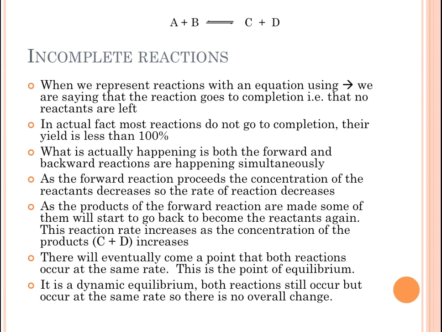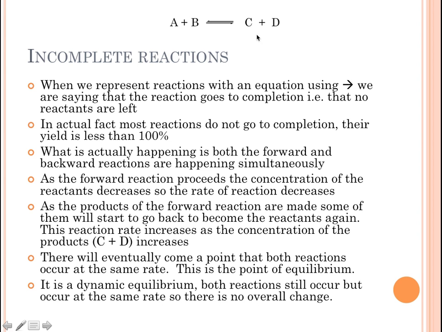Okay? If we start off with just A and B, then they've got a really high concentration. Concentration of this is 0. So the rate of reaction of A plus B going forwards to make C plus D is quite high. As that reaction carries on, those concentrations fall, and as we know, if concentration falls, so does rate of reaction.